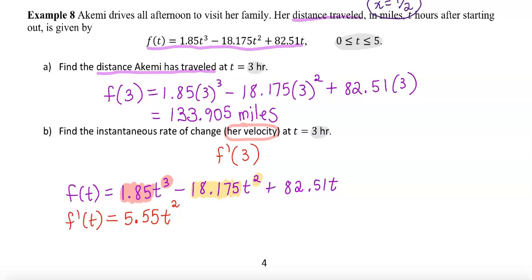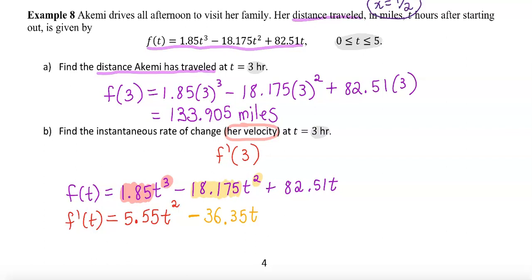I got 36.35, minus 36.35 t. The new exponent should be just 1 because we go down 1. So I will not write t to the first power. I will just write it as t.